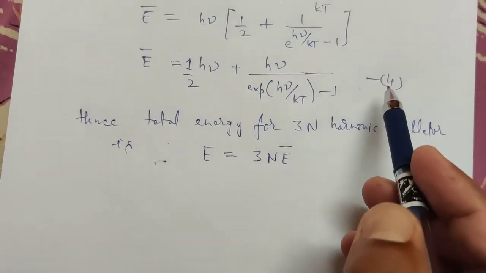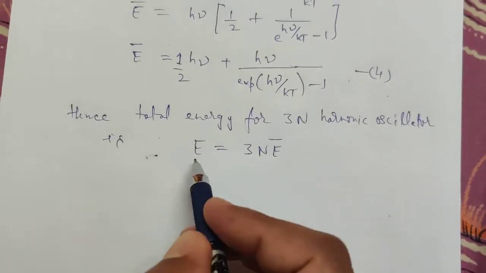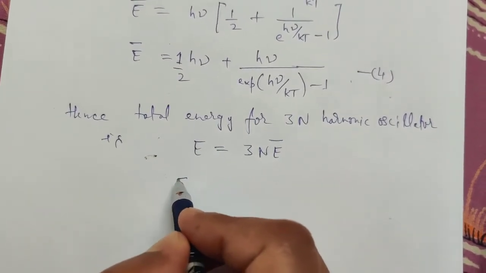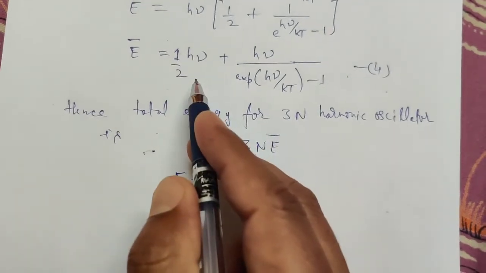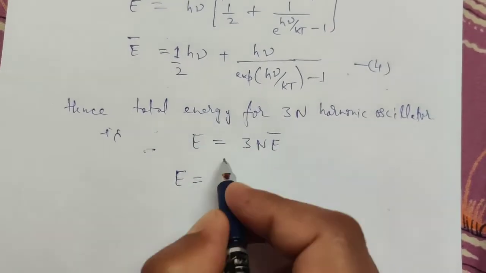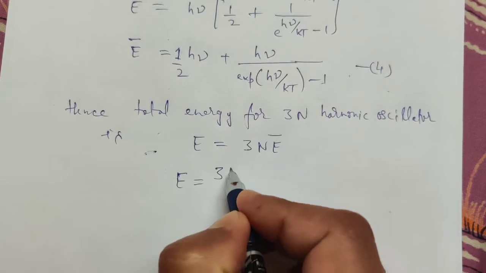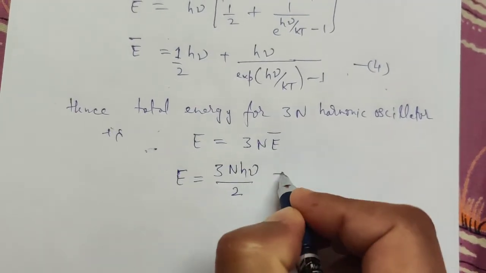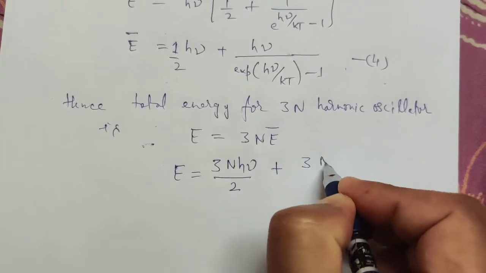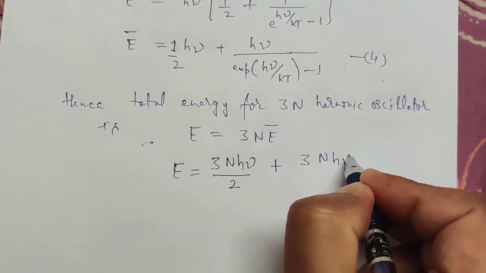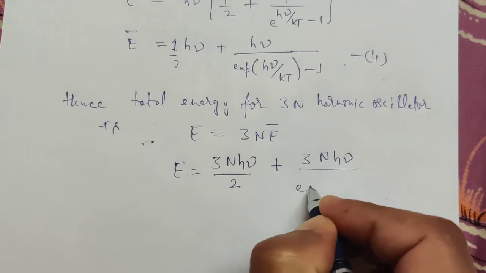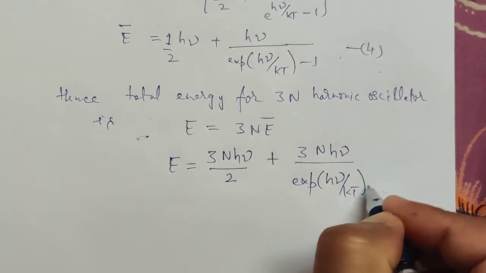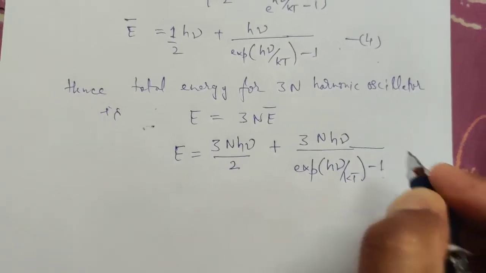So now by using this equation number 4, putting this value into this equation, E will be 3n h nu upon 2 plus 3n h nu upon exponential h nu upon kT minus 1.